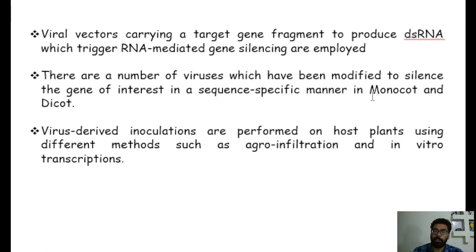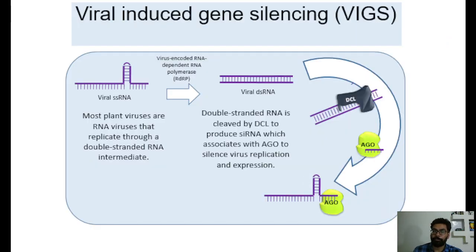Based upon that, we can modify different viruses for vector purposes and characterize any genes. We can perform the inoculations of these viral vectors with simple agro-infiltration, because Agrobacterium-mediated silencing can happen, and with in vitro transcription.